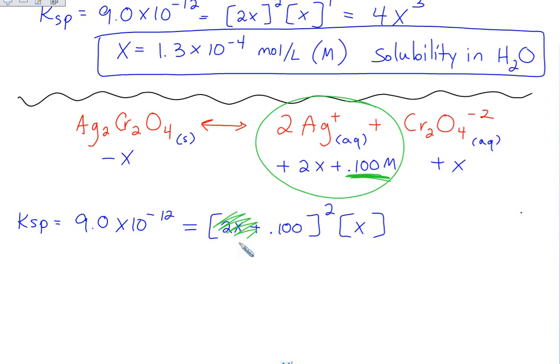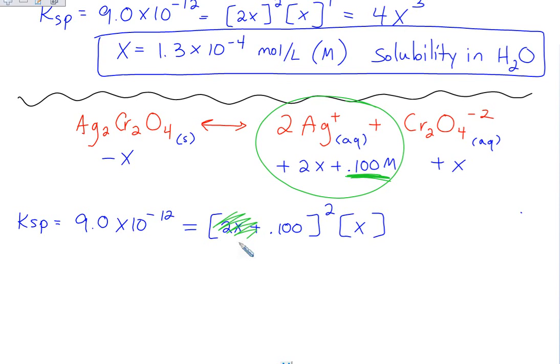I've got 0.1 moles of silver from the original solution, which is a lot more than whatever 2x is. I'll get a little extra silver from the dissociation, but it's so small that it's probably insignificant. And getting rid of that 2x makes my math much easier.